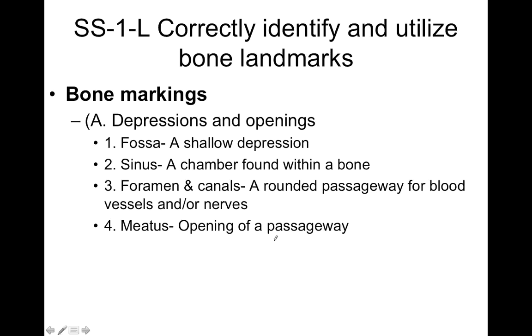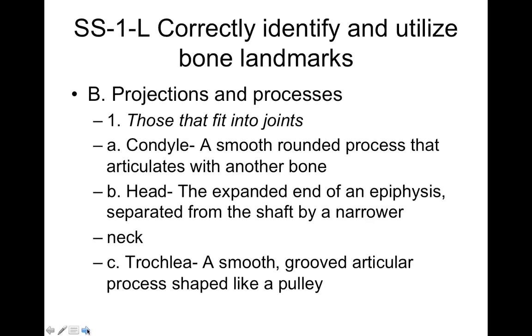A meatus is an opening or a passageway, and we have a meatus in our skull that allows sound waves to enter our ear. Projections and processes are things that stick out. For example, those that fit in the joints are condyles.